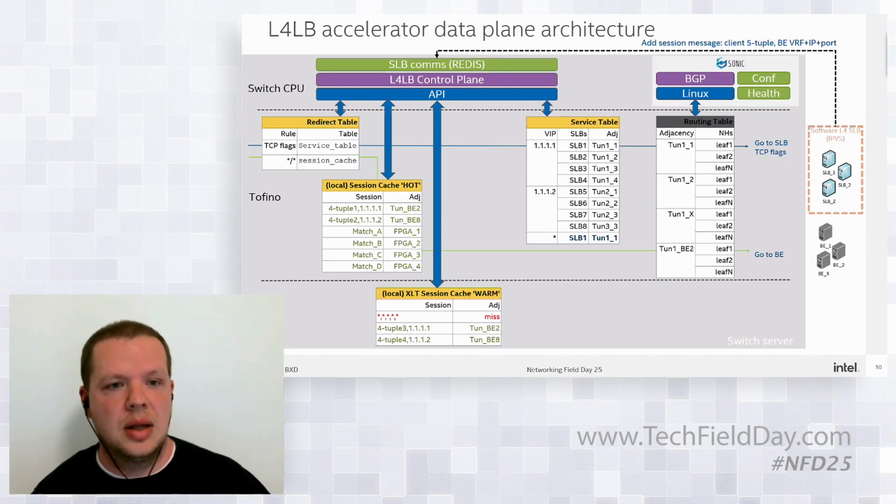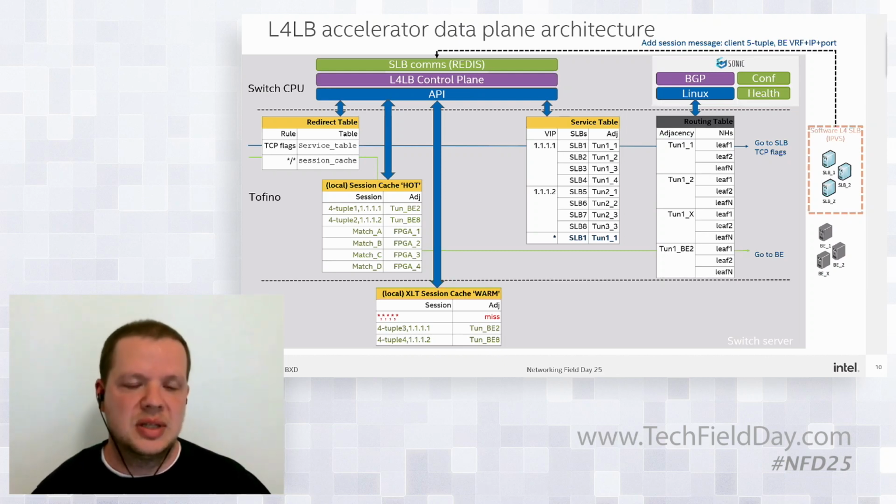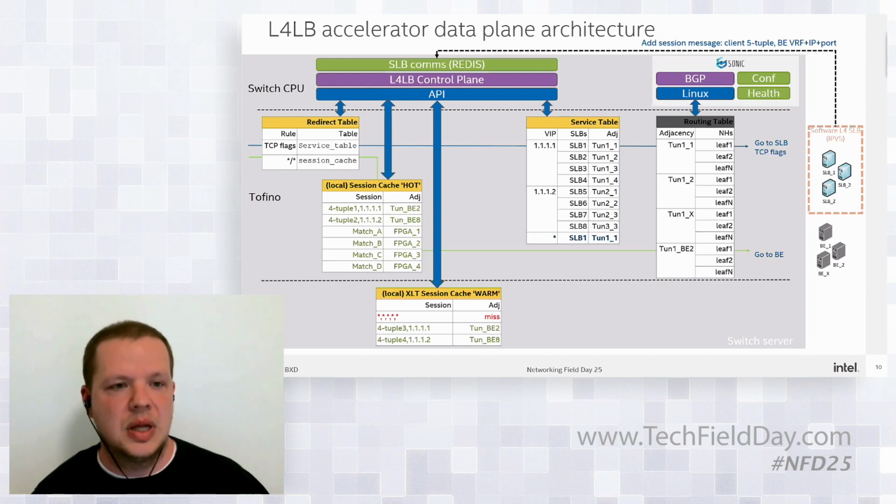Now, Tofino, based on the provided information, would forward the packet to the right backend server straight away. If that session becomes less active, it will eventually get replaced in the hot cache in the Tofino, which can be on the order of hundreds of thousands in size.